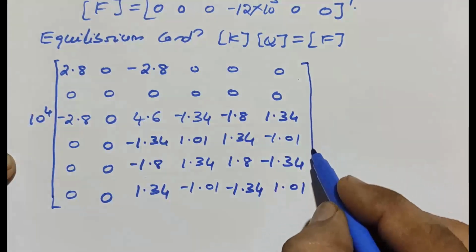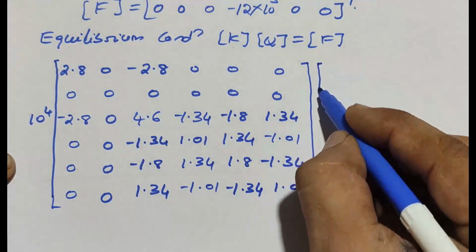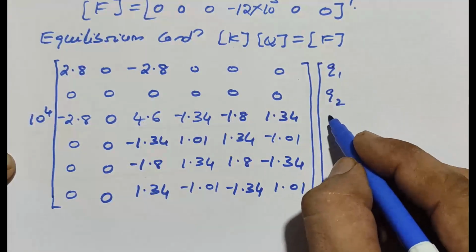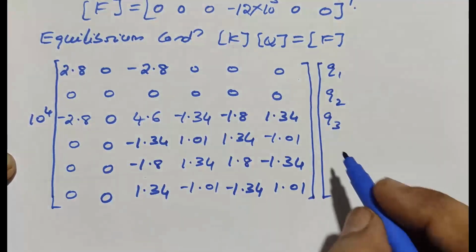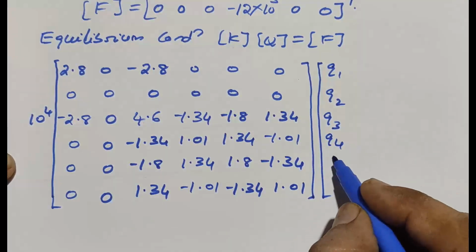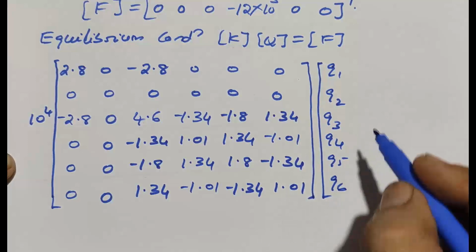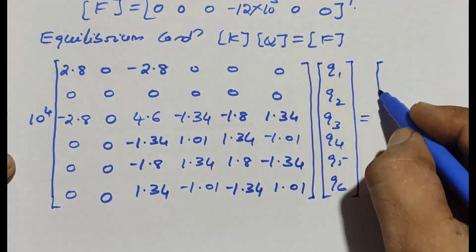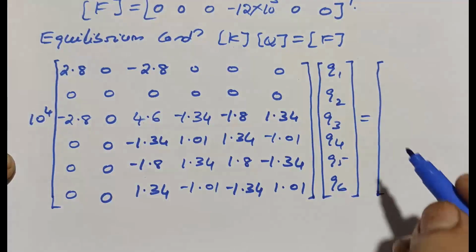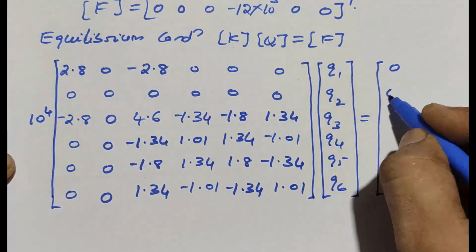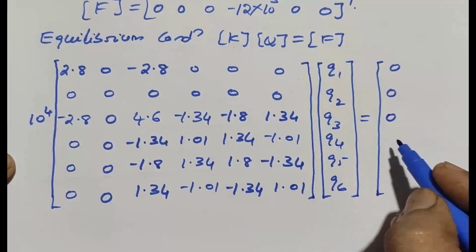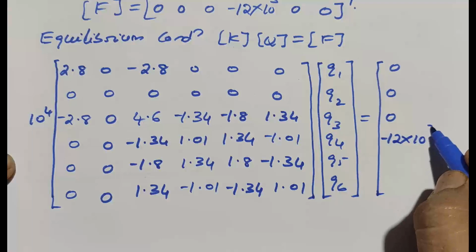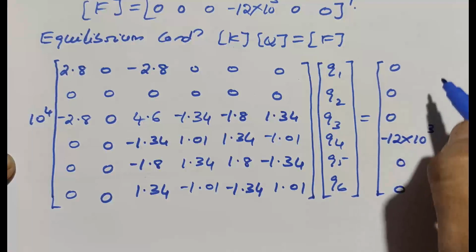This is K into Q, that is Q1, Q2, Q3, Q4, Q5, Q6 is equal to F, that is 0, 0, 0, minus 12 into 10 power 3, 0, 0.